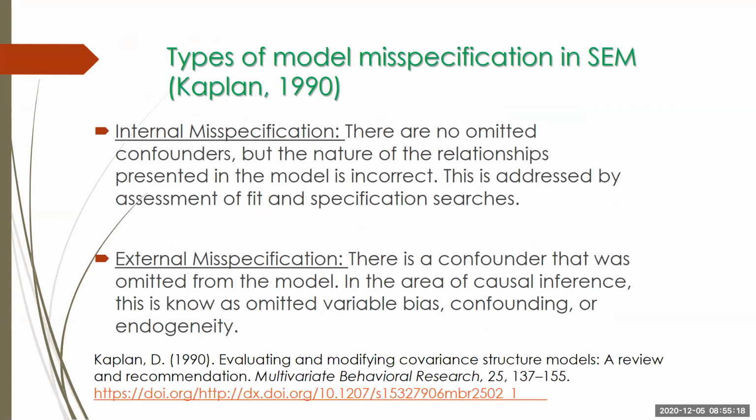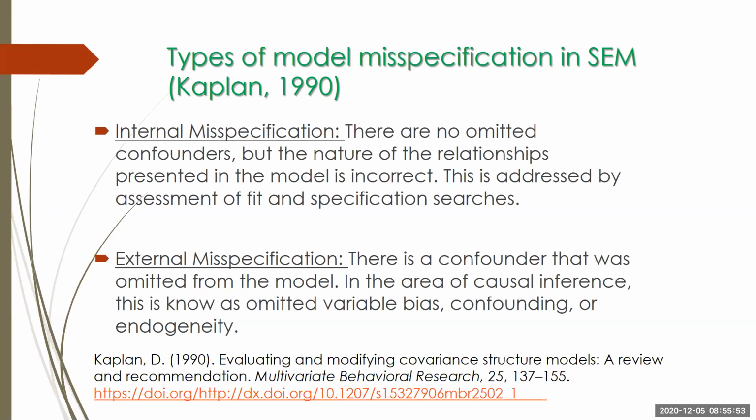Now, for structural equation modeling, there can be different types of model misspecification. Kaplan created a taxonomy of internal misspecification versus external misspecification. Internal misspecification is what we know more commonly as a misspecified model, where there are no omitted confounders, but the relationships between the variables in the model are specified incorrectly.